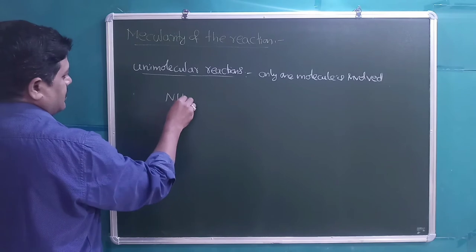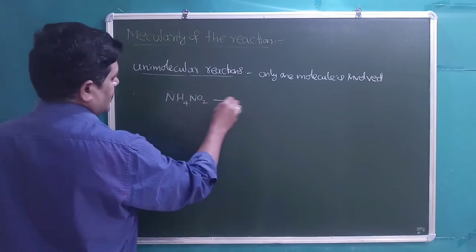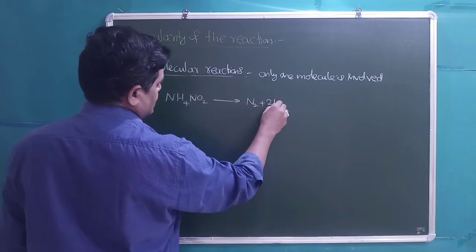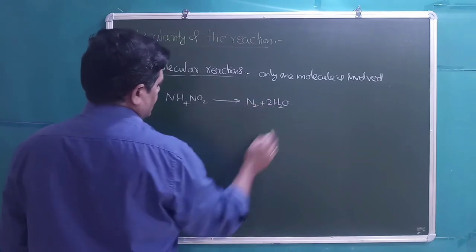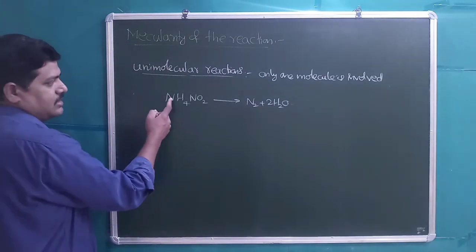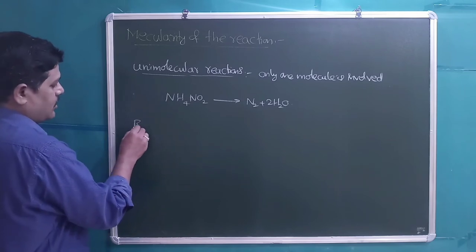For example, decomposition of ammonium nitrite, NH4NO2 will give us N2 plus 2H2O. Only one molecule is involved in the reaction, that is called a unimolecular reaction, right?